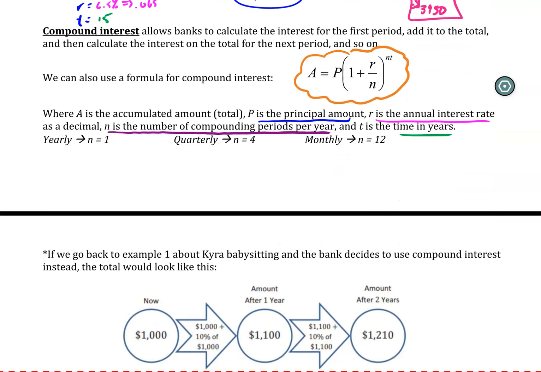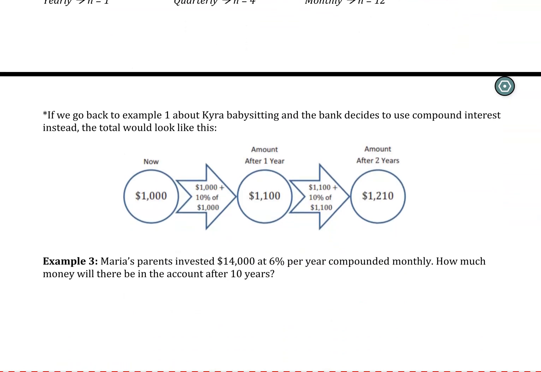All right, so let's look here. If you go back to that first example with Kira's babysitting, she had $1,000. Then she made 10% of that 1,000, which was 100. So she had $1,100 after the first year. After the second year, she made another $100, so that would be $1,200.